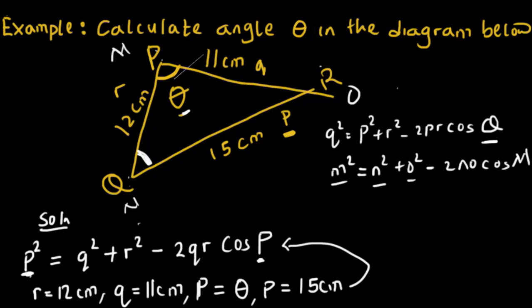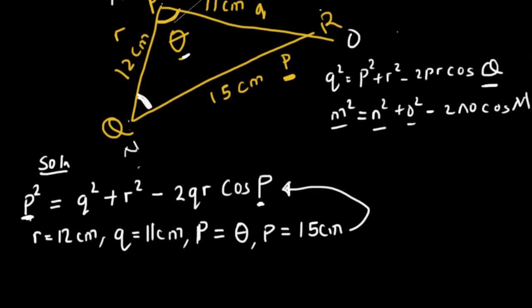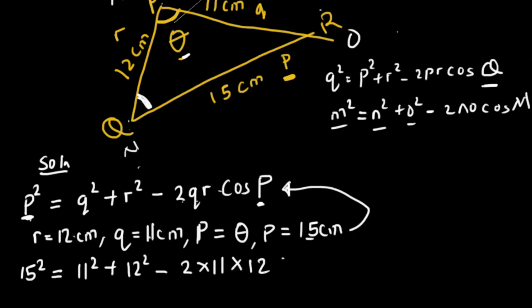So we slot this into the formula. Does this make sense? So we'll be having 15 squared, since p is 15, equals 11 squared plus 12 squared minus 2 times 11 times 12 cos theta. I hope you understand this.